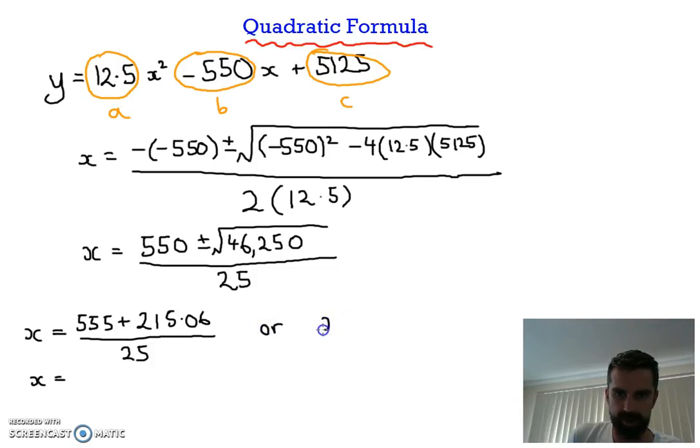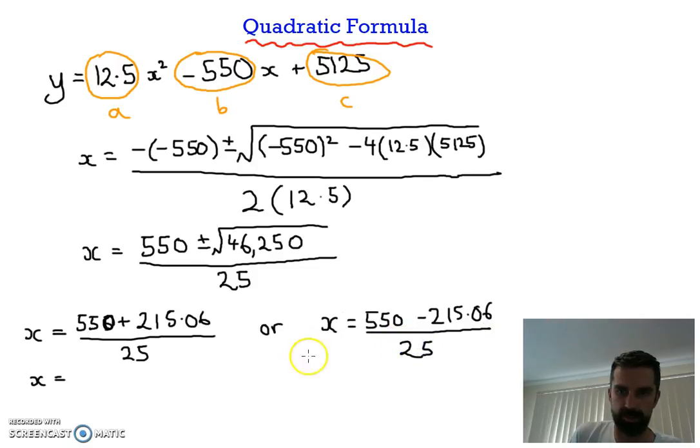The second possibility is that x equals 550 take 215.06, all divided by 25.